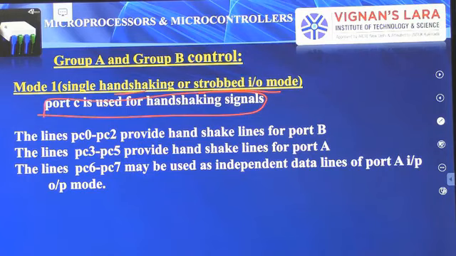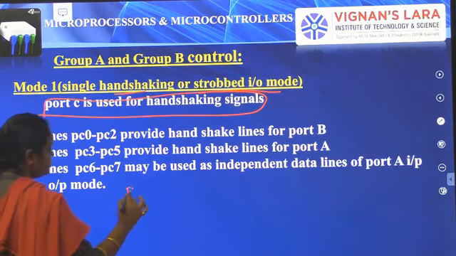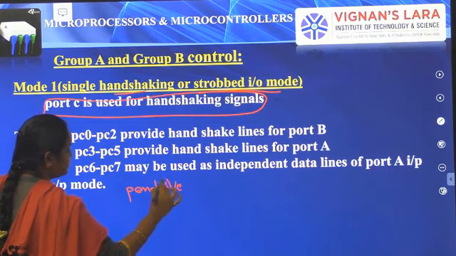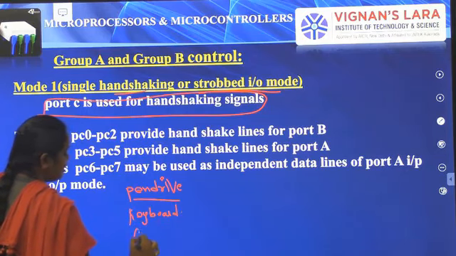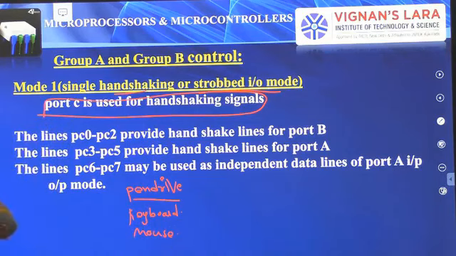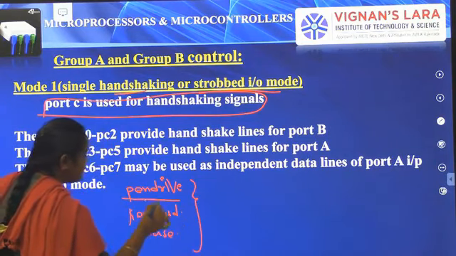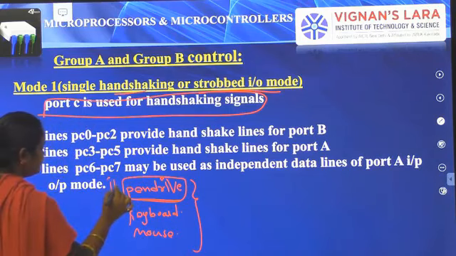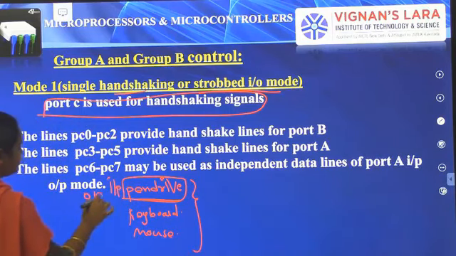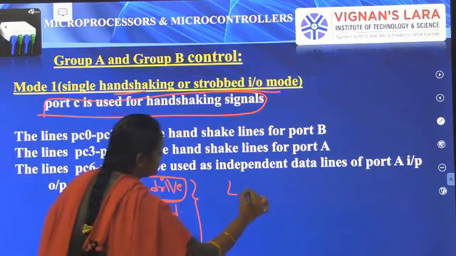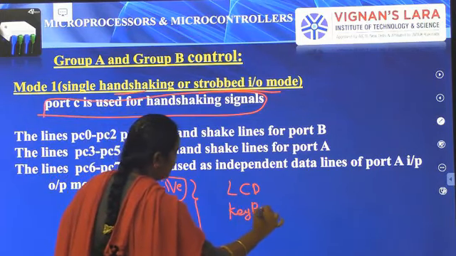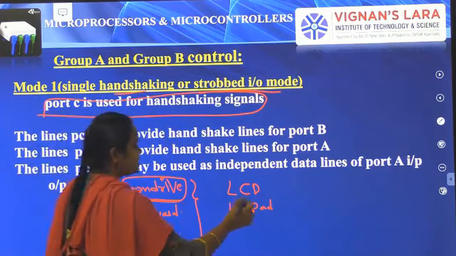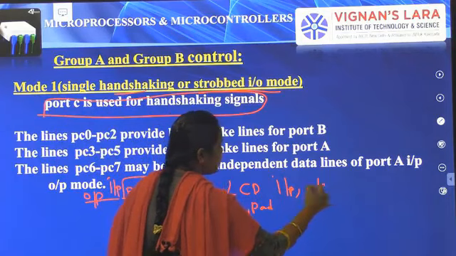For example, a pen drive, keyboard, mouse. See here, among these devices, the pen drive sometimes acts as an input and sometimes as an output.